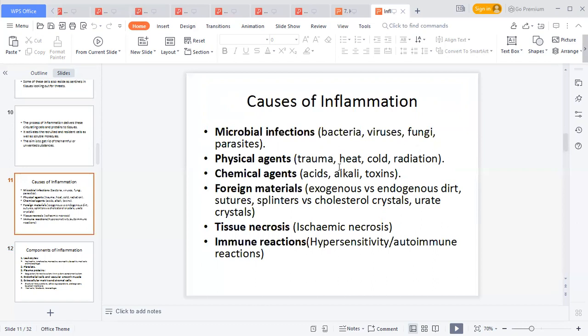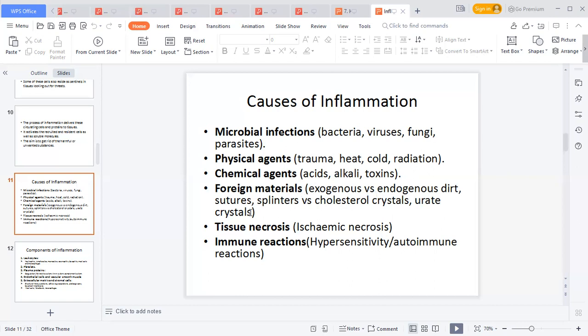Chemical agents include acids and foreign materials, exogenous versus endogenous: sutures, splinters, cholesterol such as LDL, low density lipoprotein, and urate crystals, which are products of protein digestion.